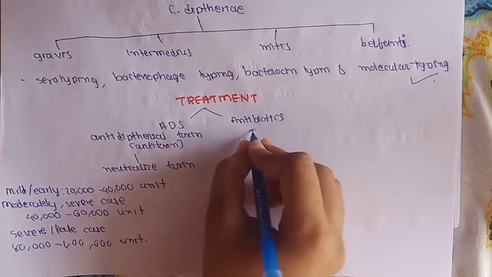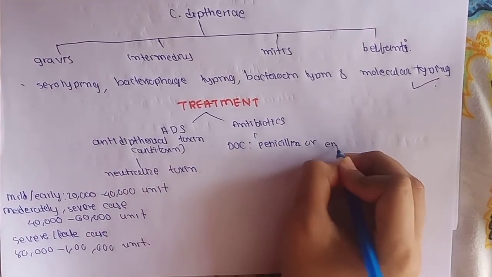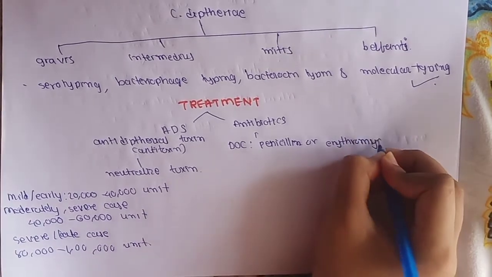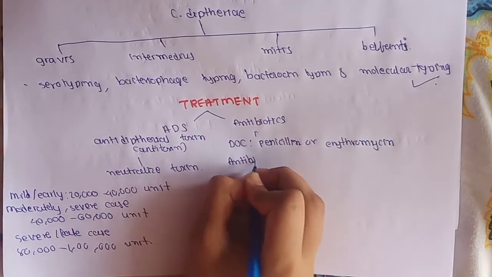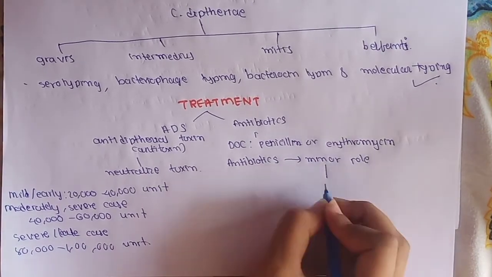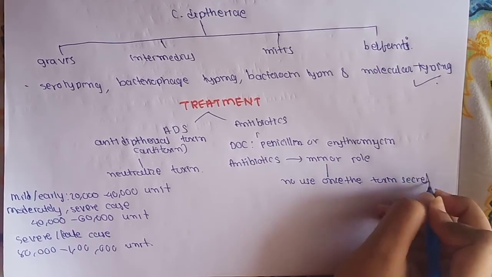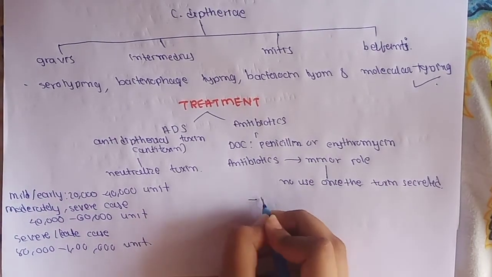Now the antibiotic drug of choice is penicillin or erythromycin. Antibiotics play a minor role. Why? Because antibiotics will kill the bacteria, and the main problem arises because of the diphtheria toxin, so no use once the toxin is secreted.